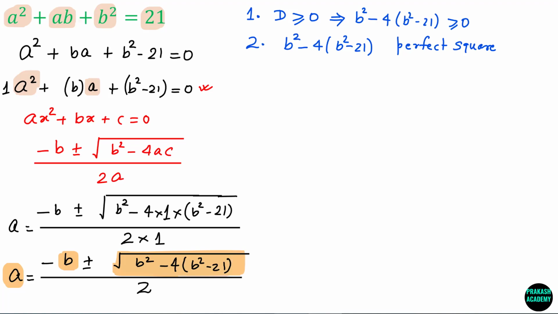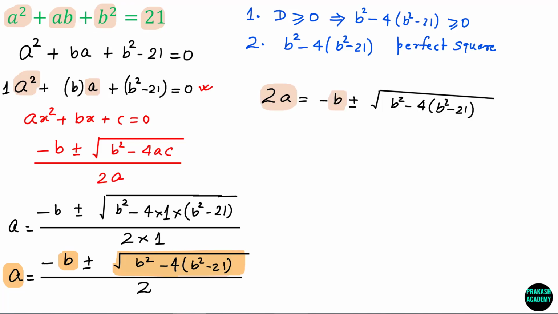This will be clearer if you take this to this side. So what will happen if you take this to this side? This will become 2a is equal to minus b plus minus the square root of b square minus 4 times b square minus 21. Now see, this is an integer, so if you multiply by 2, this is an integer.